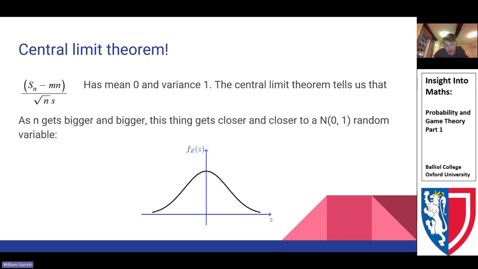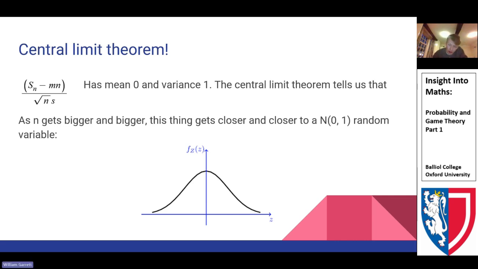But what the central limit theorem tells you is that as n gets bigger and bigger and bigger, this quantity actually gets closer and closer to being normally distributed with mean 0 and variance 1. So the average of your n samples gets closer and closer and closer to a bell curve. And as n goes to infinity, it just becomes a bell curve. So that's the central limit theorem.